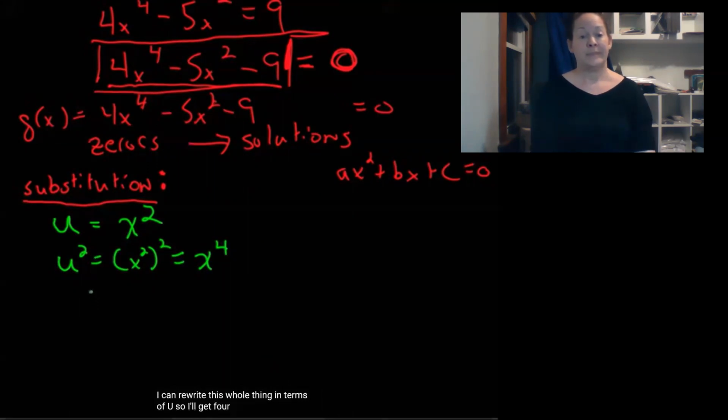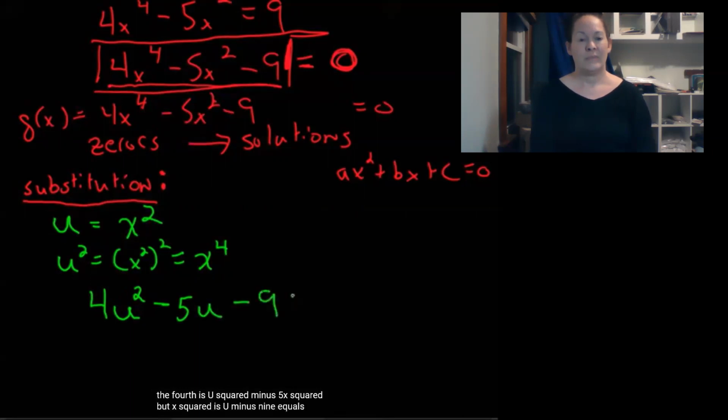So I'll get 4, it's my leading coefficient, x to the 4th. Well, x to the 4th is u squared. Minus 5 x squared. But x squared is u. Minus 9 equals 0.